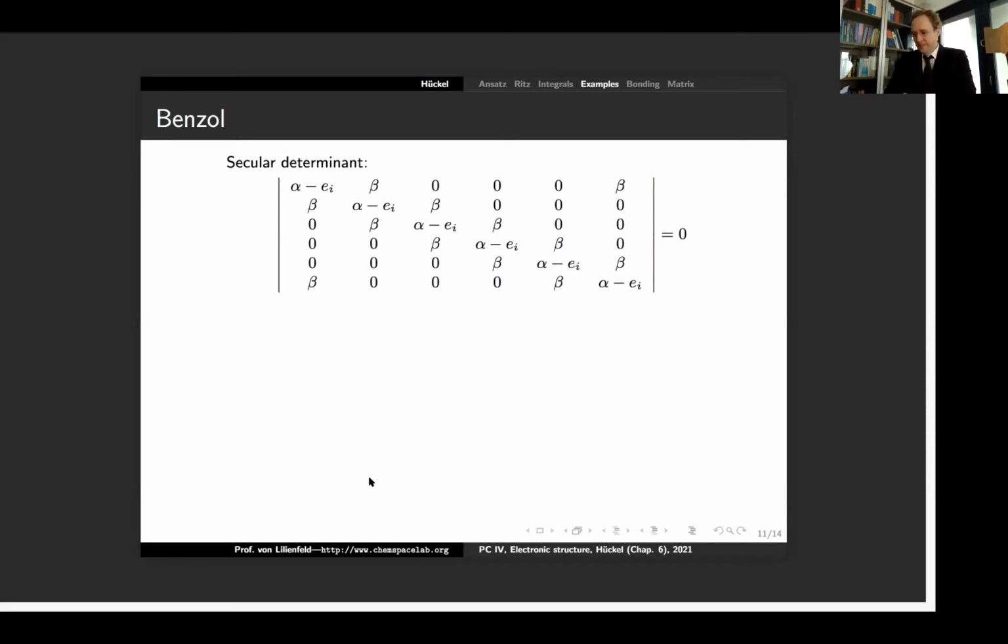It does so by coupling the secular determinants through these off-diagonal elements that close the circle in your molecular structure. And it is these elements that introduce the additional gain in energy which you can expect through an aromatization, or a closing of the loop.